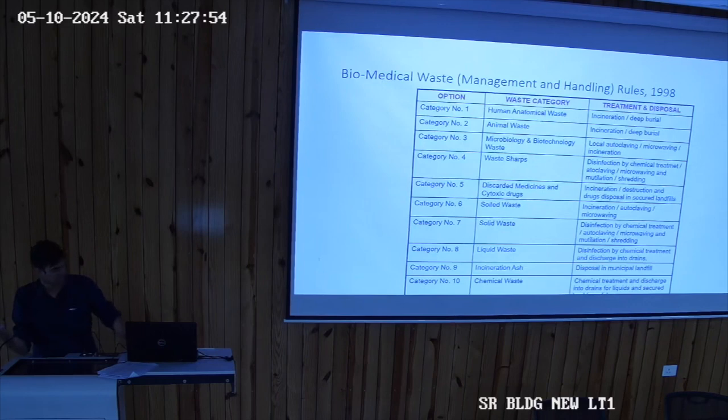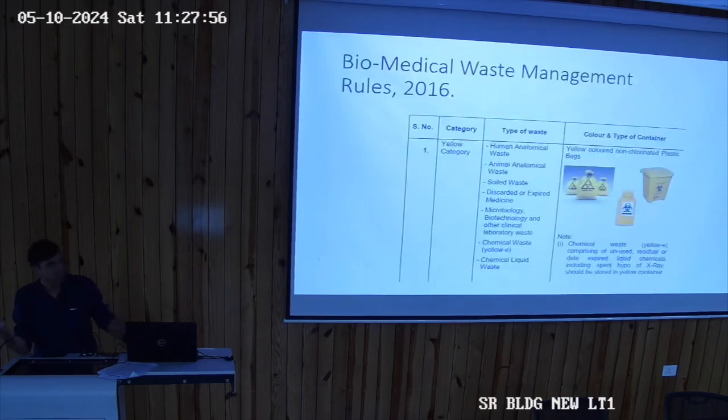So to overcome these problems, they came with the new rules which are prevalent now, that is Biomedical Waste Management Rules 2016. And instead of giving a number to a category, they have given it a color. So there are 4 colors now: yellow, red, blue and white.